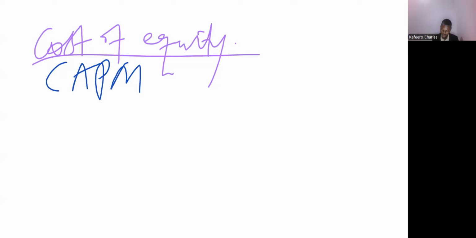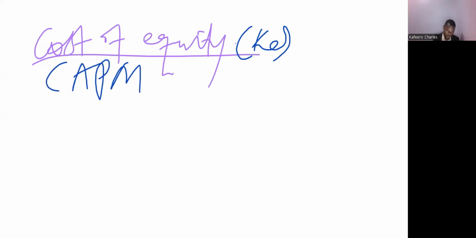However, the examiner is not going to tell you whether you should use CAPM, the Gordon model, or M&M. It is up to you to find what information is available. You will know which one to use depending on the information that is available.